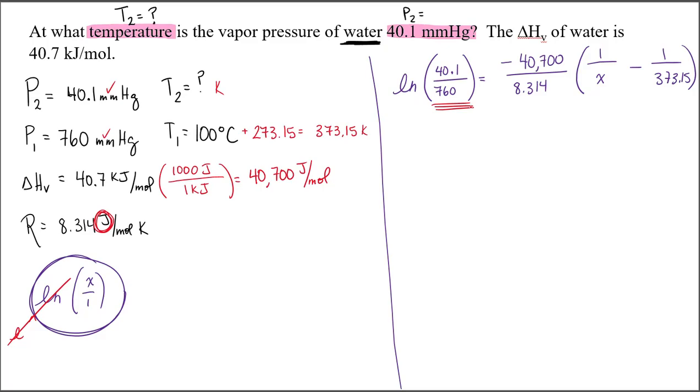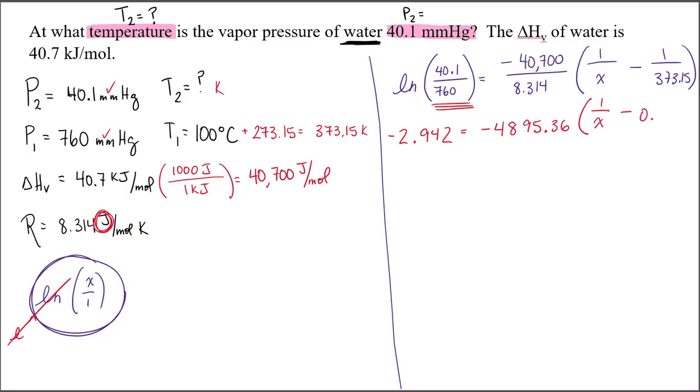On my calculator, the natural logarithm of 40.1 divided by 760 gives me negative 2.942. That equals negative 40,700 divided by 8.314, just a number, negative 4,895.36, times 1 over x minus 1 divided by 373.15.